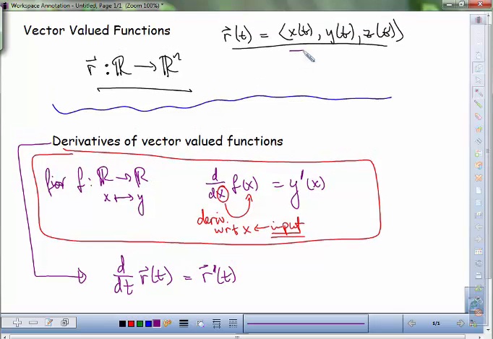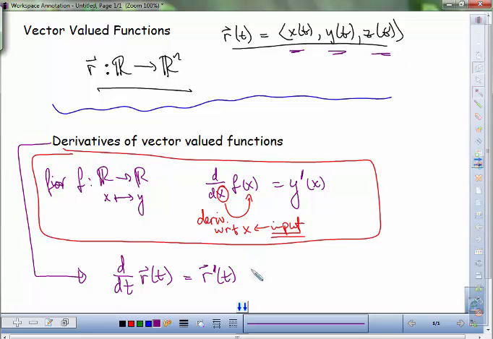So now the question is, what is this going to look like? If we look at how the r of t looks, it's a vector valued function in vector form. We see the components for the x, the y, and the z. And so what would make the most sense in taking the derivative with respect to t here?